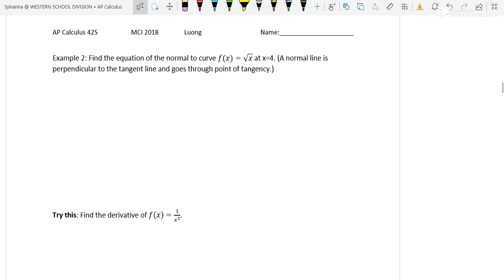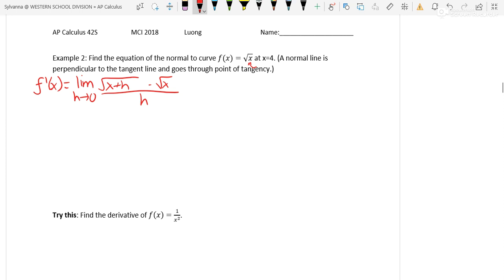Okay, so let's get started and find the derivative. So f prime of x, plugging into my definition of the derivative using limits, is f of x plus h. So instead of having x here, I'm going to put x plus h, and then minus f of x, all over h.